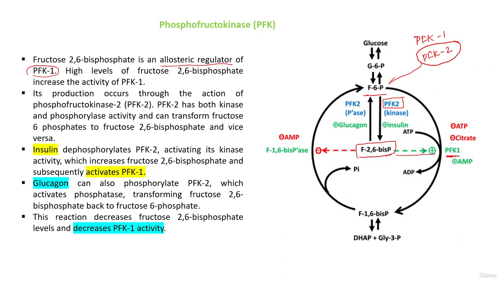Now, a high level of fructose 2,6 bisphosphate increases the activity of PFK-1. We already went through this: PFK-2 is responsible for the transformation of fructose 6 phosphate to fructose 2,6 bisphosphate. And here insulin is also involved.